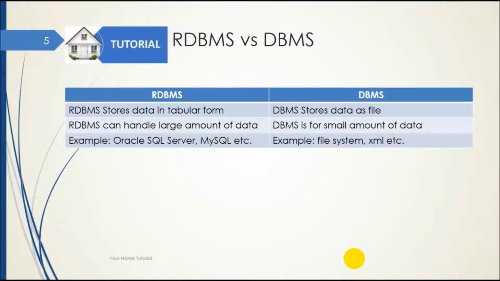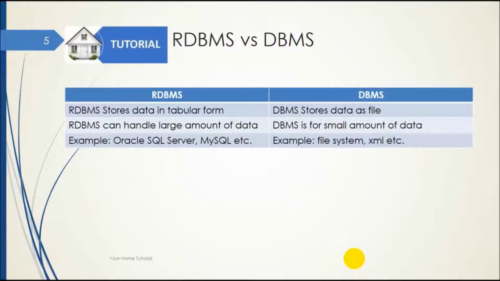DBMS will be very slow, and RDBMS will give you data much earlier than DBMS, because there is a primary key associated with each record, and we can refer to that primary key using pointers directly. In a hierarchical model, where we have one parent and child, we have to navigate, because they use a navigational approach, so we have to open the complete file and then take a particular record.